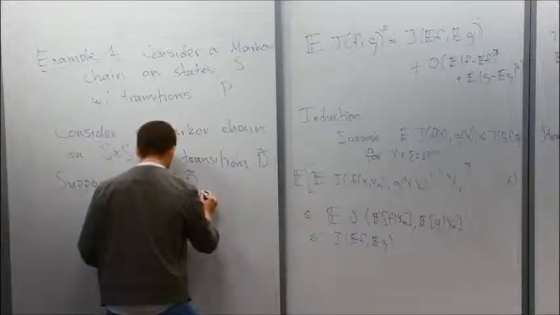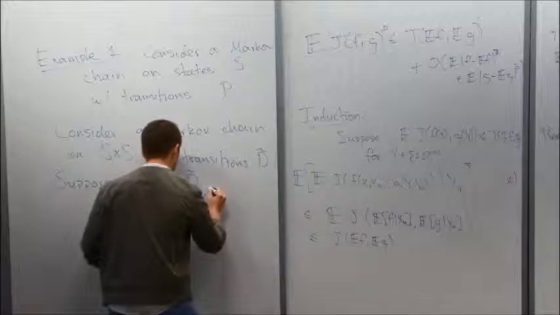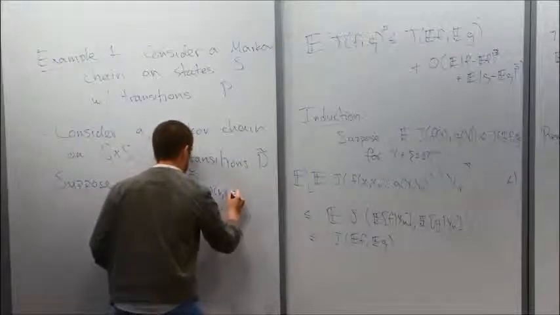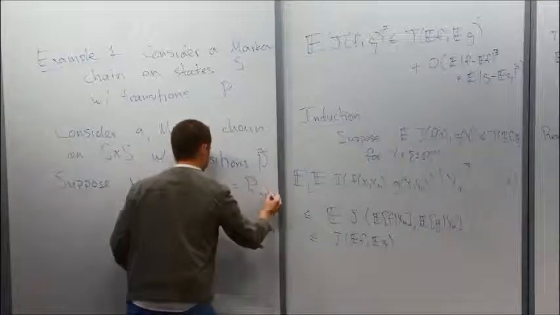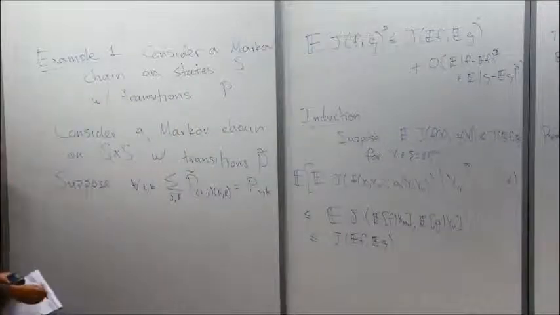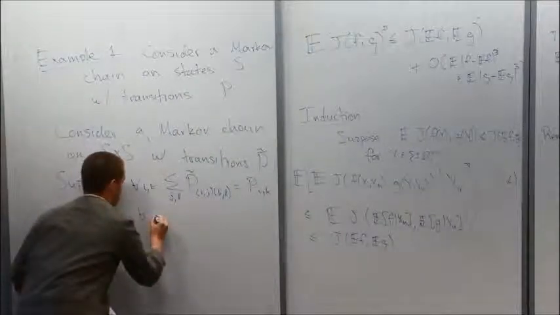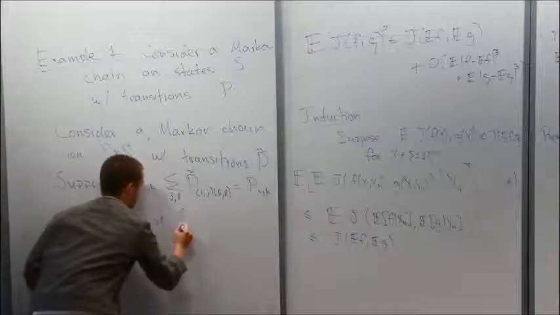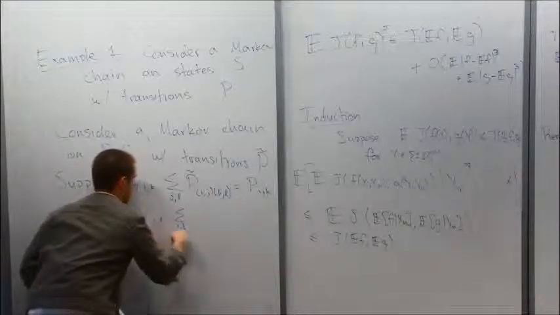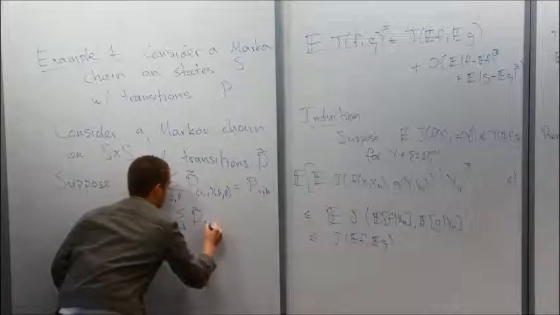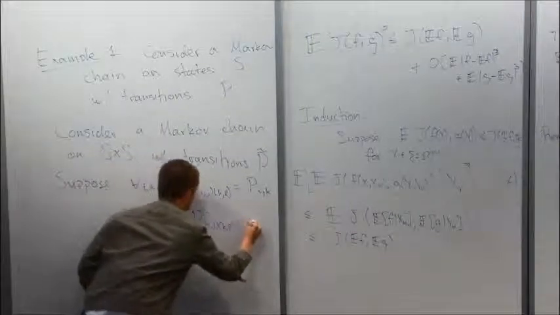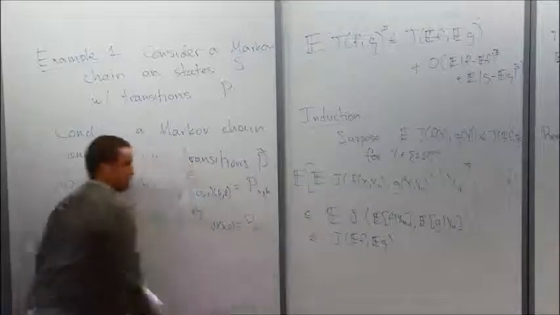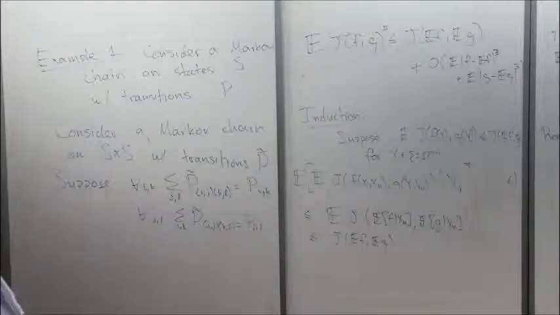So p tilde of (i, j), (k, l) should be equal to p(i, k). And then similarly, if I just fix j, l and I sum over i, k, right, this is just saying that the marginals of the Markov chains are the right ones.